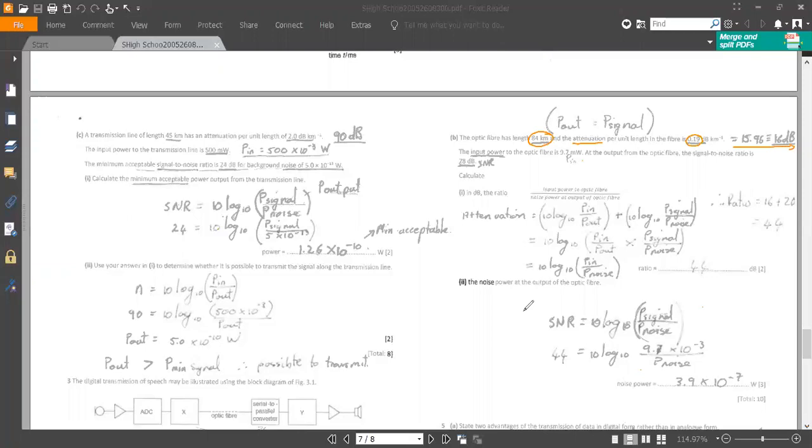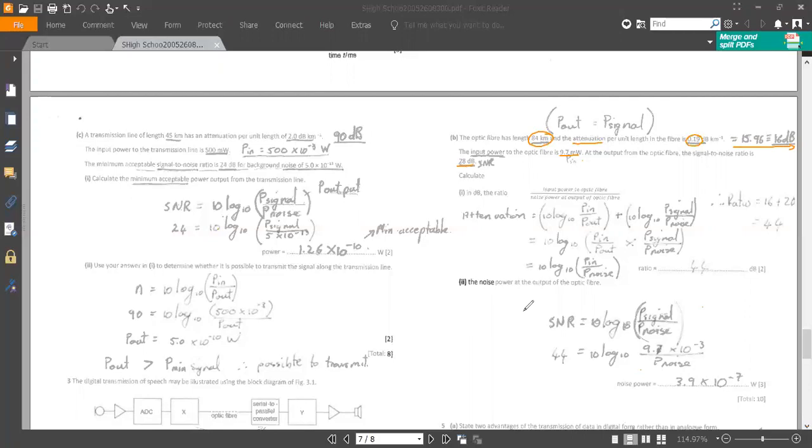That's our normal attenuation. Then they tell us the input power of the optic fiber is P in, my signal, and at the output of the optic fiber, the signal to noise ratio is 28 decibels. Now I want you to calculate the ratio of input power to the optic fiber to noise power at the output of the optic fiber.